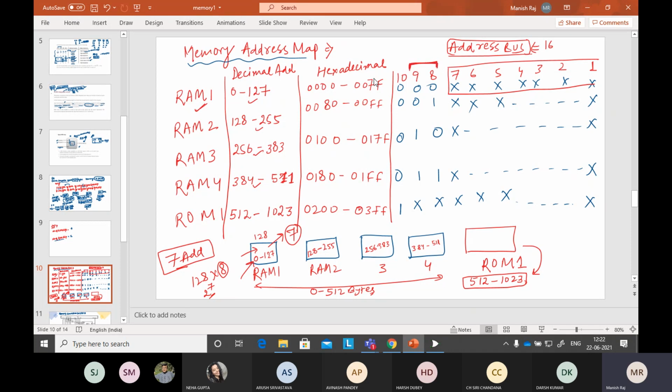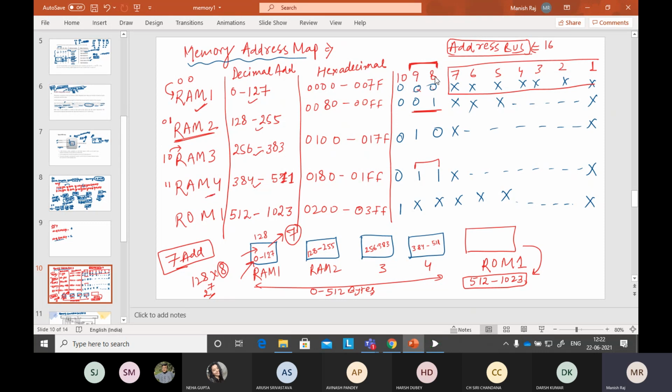If I put 00, I am selecting the first RAM. For selecting RAM 2, I put 01. So if bits 8 and 9 are 01, then I am selecting RAM 2. If I put 1 and 0, I am selecting RAM 3. If I put 1 and 1, I am selecting the last one, RAM 4.